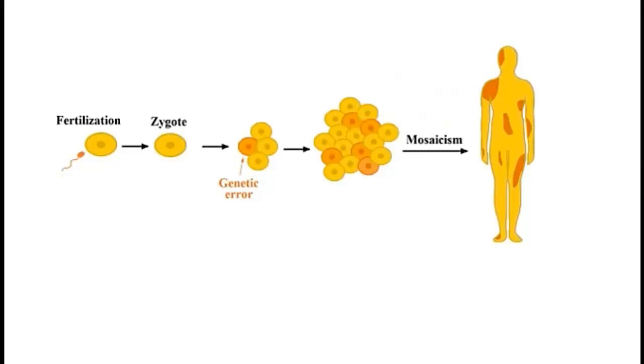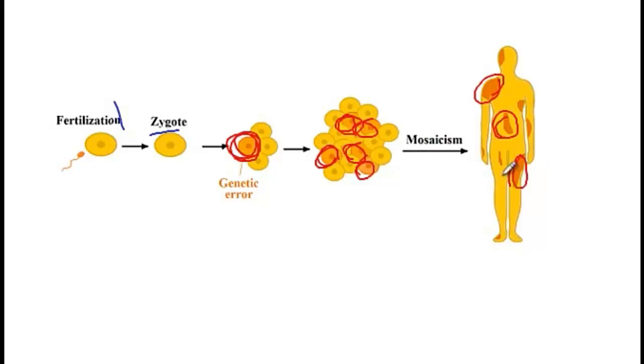So this is an example of mosaicism where there was fertilization, the zygote was formed, and then later on there was a new genetic mutation after the fertilization, and thus some of these cells will continue to harbor the mutation, and thus parts of the body will develop the disease gene.